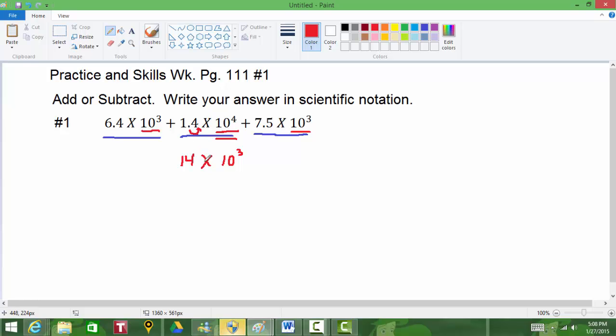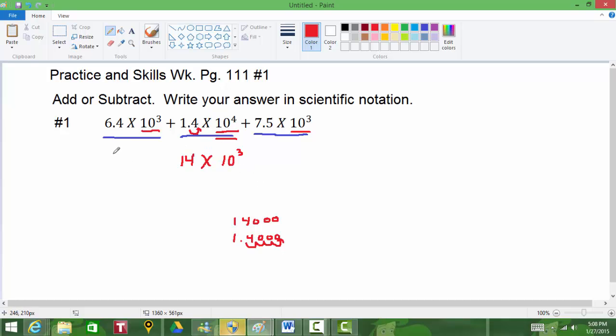Because 14 times 10 to the third would be 14, and then 3 zeros, so we get 14,000. If I take 1.4 and move that over 4 places, 1, 2, 3, 4, we end up with the same answer.